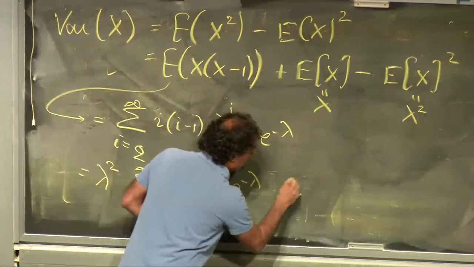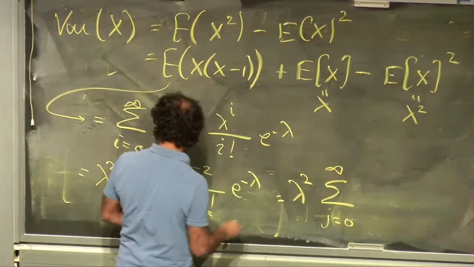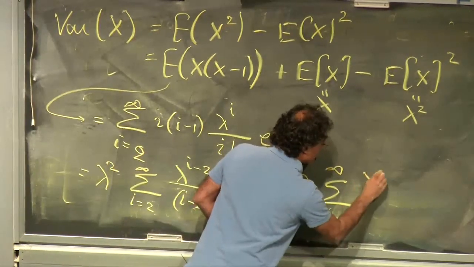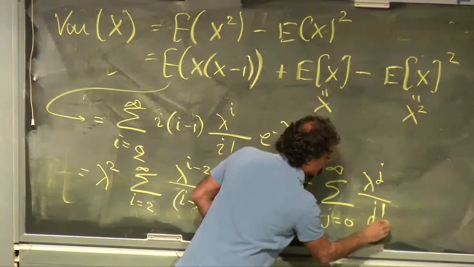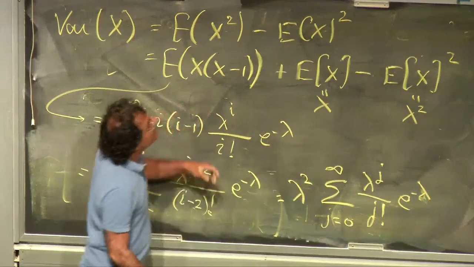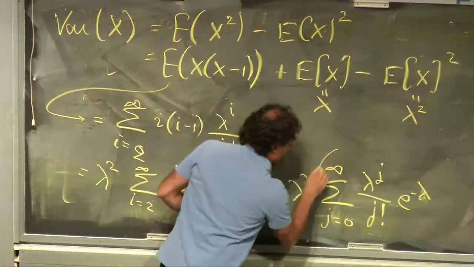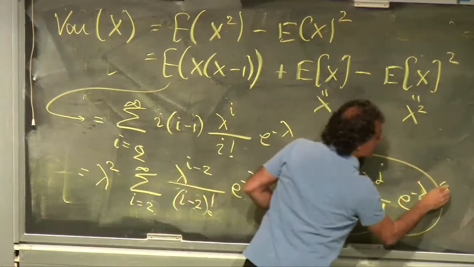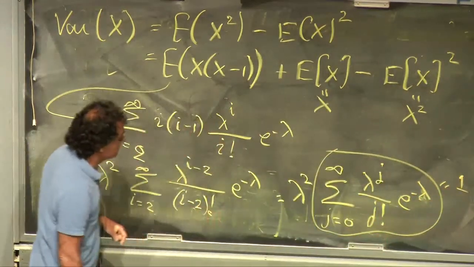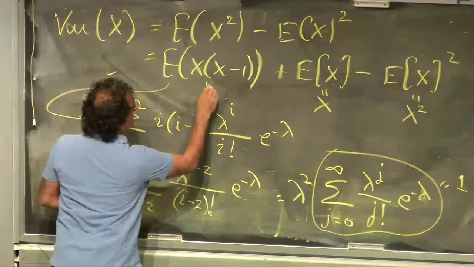So we get lambda squared times summation j equal to 0 to infinity lambda to the j over j factorial e to the minus lambda. Remember, that's what we showed was 1 up there. So this summation is equal to 1. So expected value of x times x minus 1 is just lambda squared.